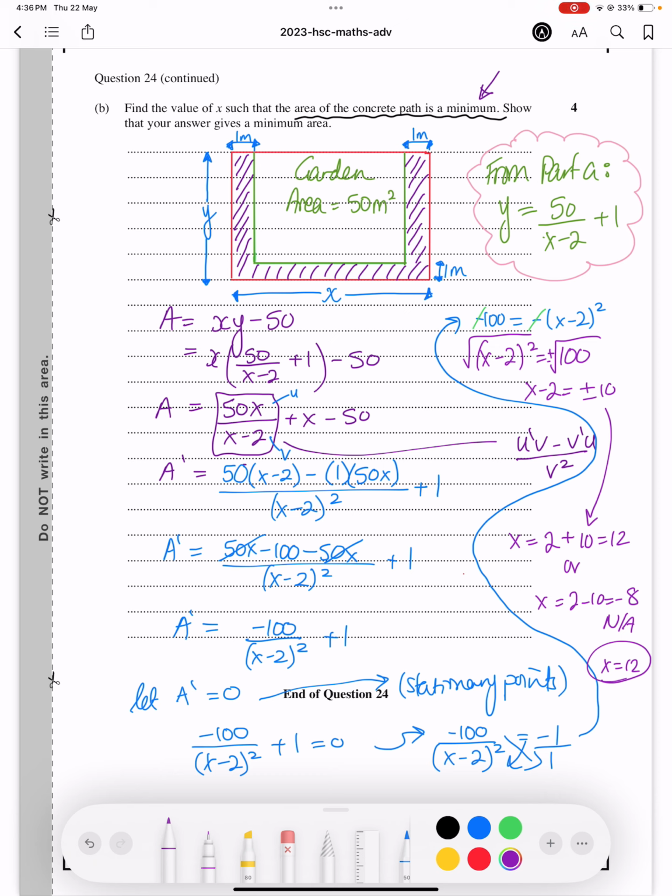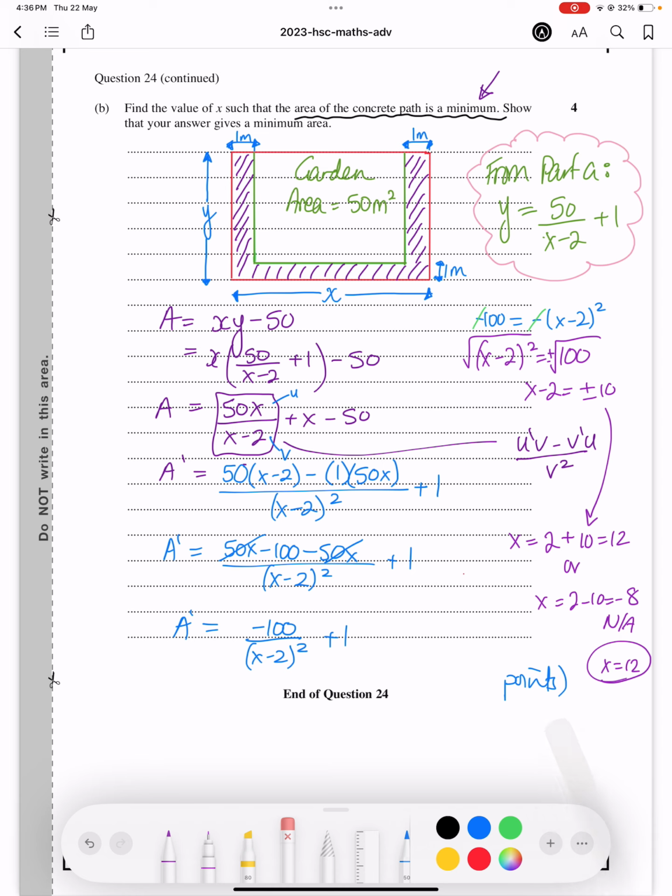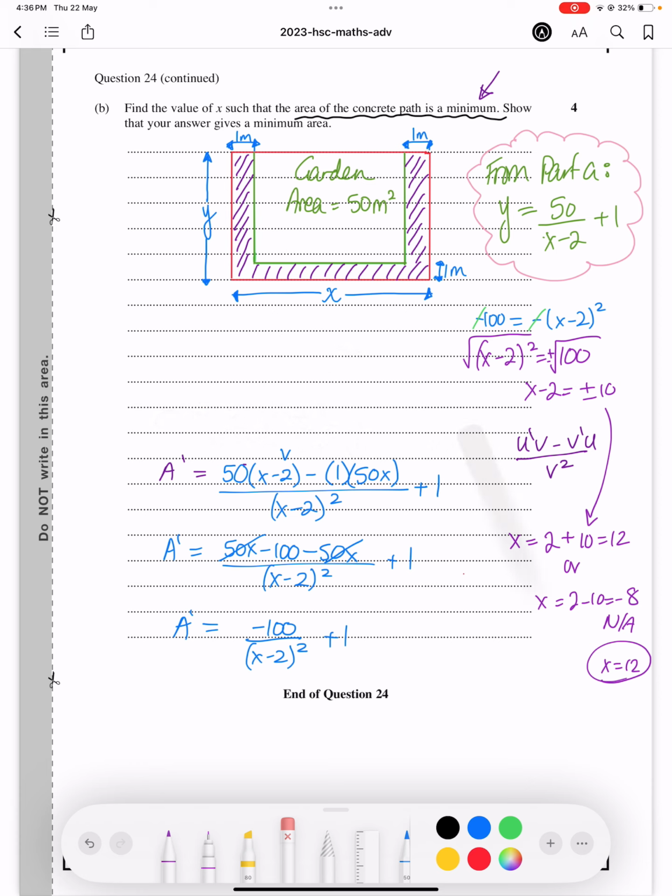But now we have to prove that that's going to give a minimum area. So let's get rid of all of this, and we will keep the derived equation because that is the most important for us.